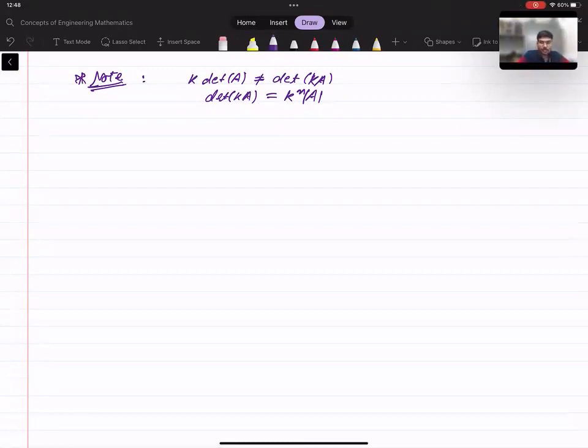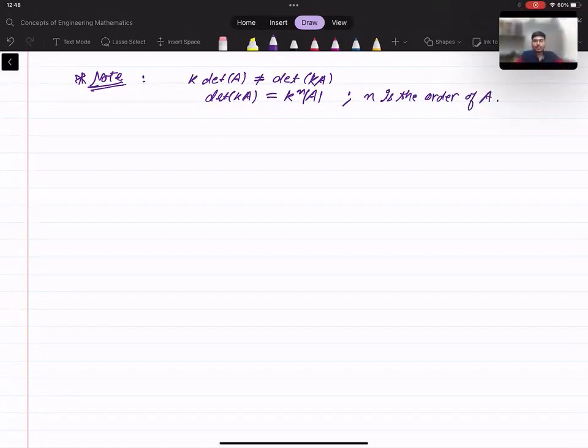So suppose there is an nth order matrix. From the first row, second row, third row, and so on up till the nth row, we take K out. So K gets multiplied with K till n powers. So this will be K to power n multiplied with determinant of A. This is the valid relation, where n is the order of A. So we need to keep this in mind during the scalar multiplication.